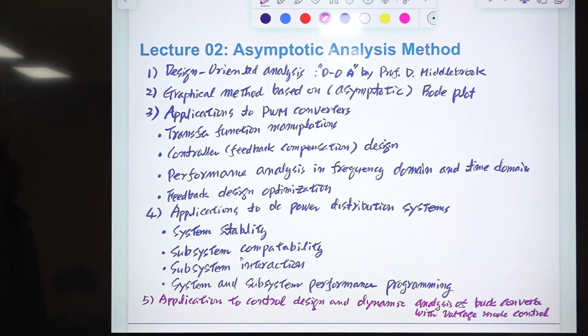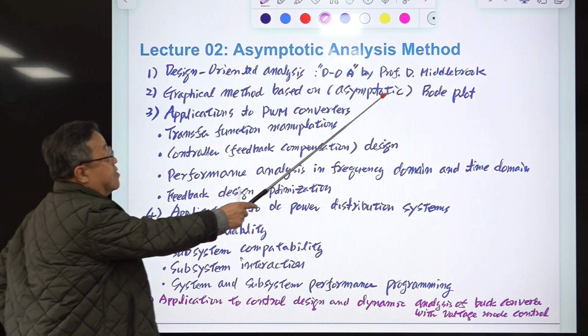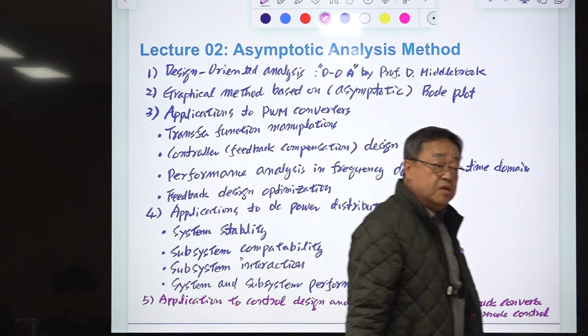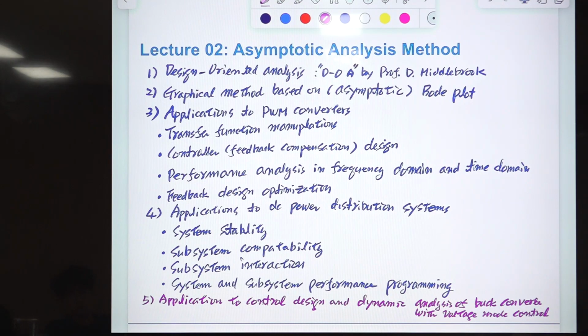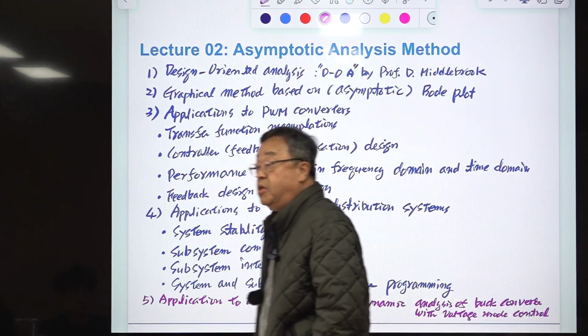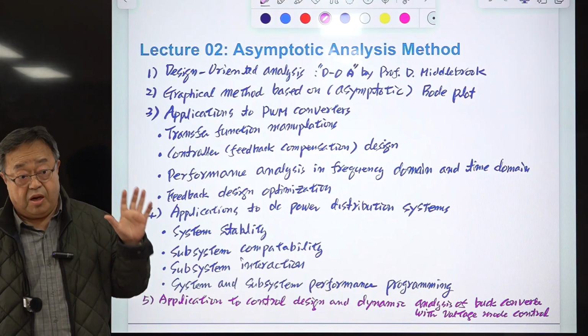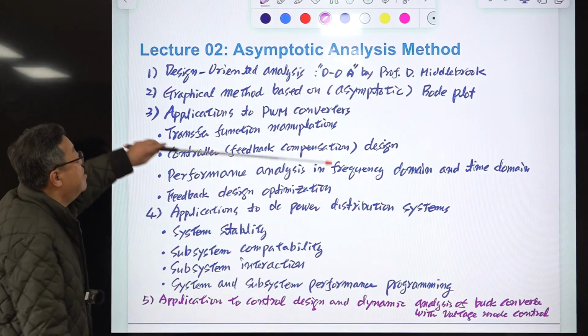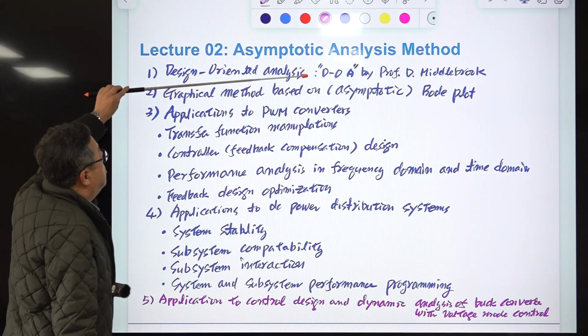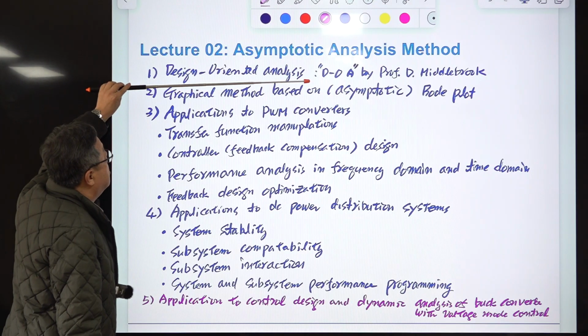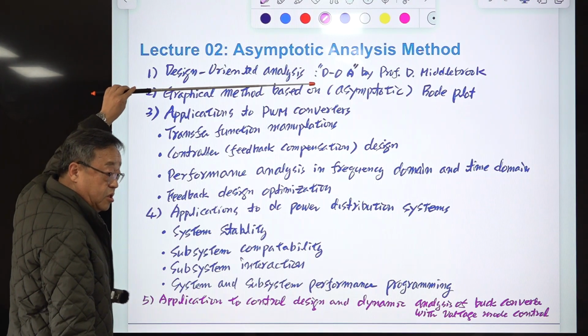You know this man, David Middlebrook. He was a professor at Caltech, USA. I think he's the most famous person in the power electronics society so far. I think he's the father of power electronics, and he developed this type of analysis, design-oriented analysis.